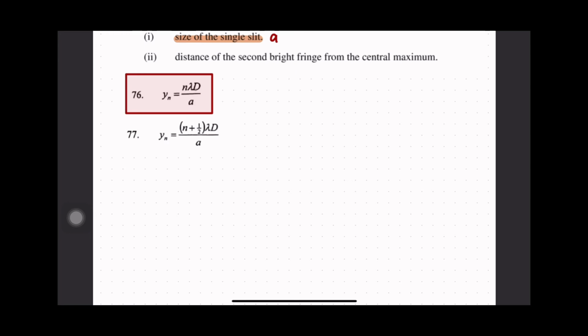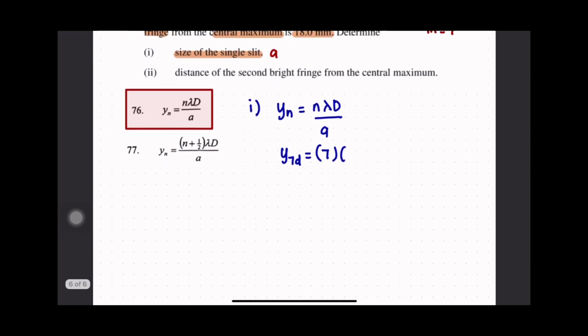Alright, so question number 1. y_n is equal to n lambda D over a. So y7 dark, n is 7, lambda is 620 times 10 to the power of negative 9, and then D besar adalah 1.2 meter, divided by a.